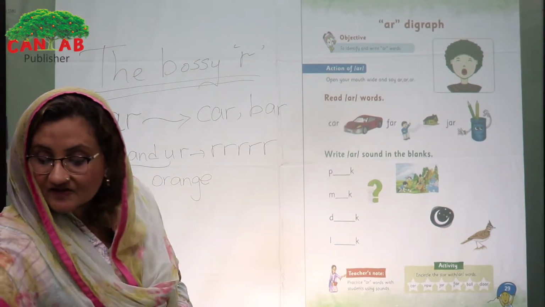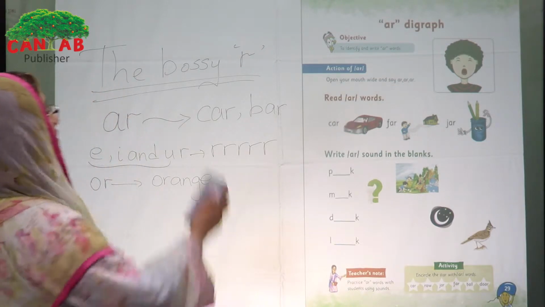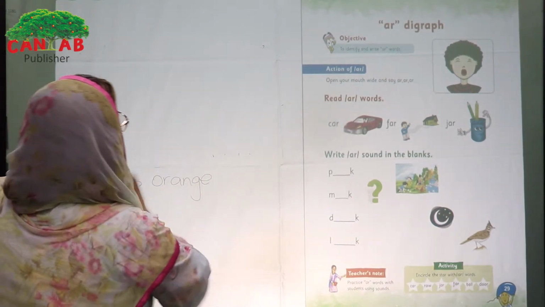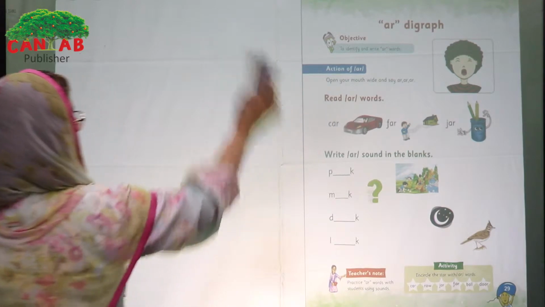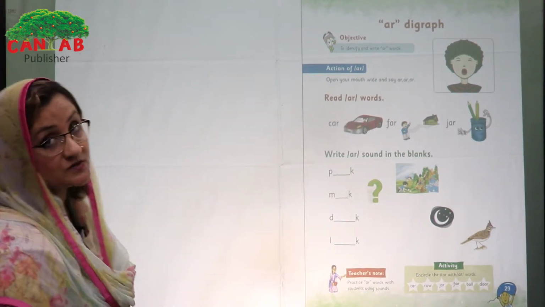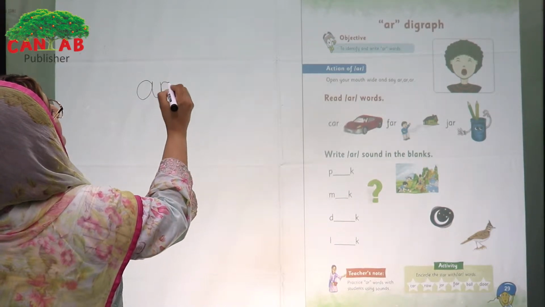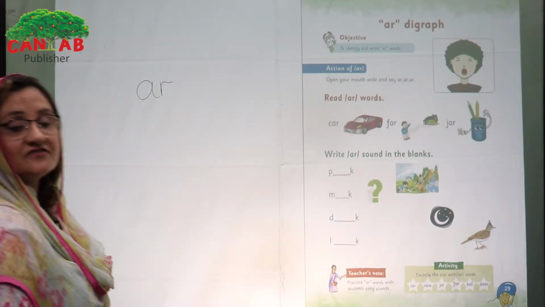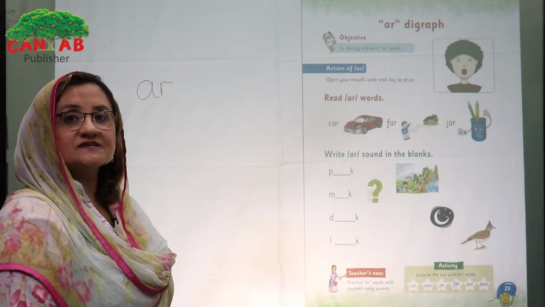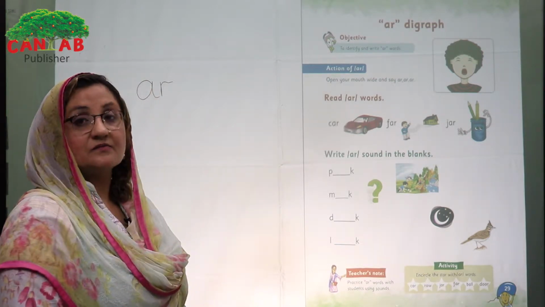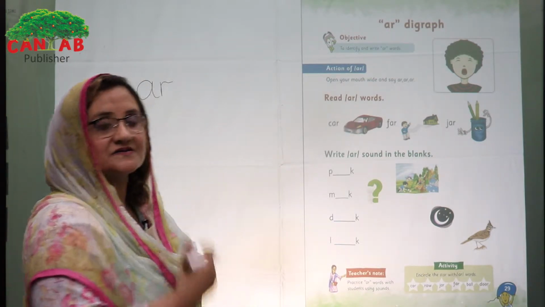Okay, after singing and introducing this song, what do you have to do now? You have to tell your children, your students, that whenever letter A and R are together, they give us a new sound, and this is the R sound, pirate sound, R sound.